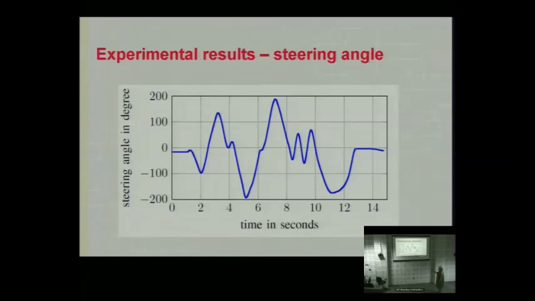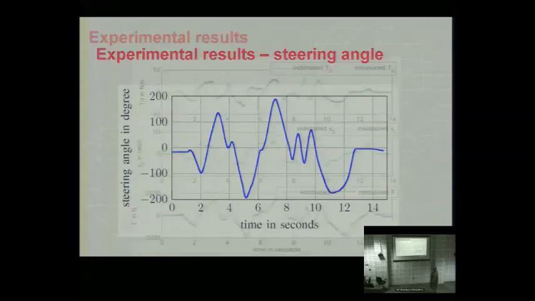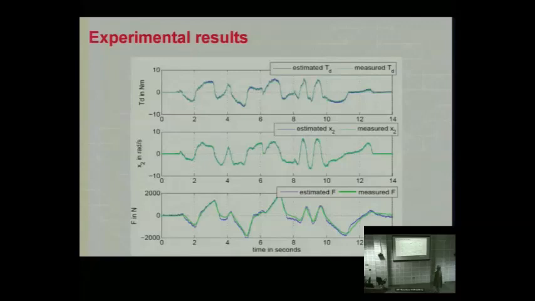To do the experiments, we couldn't be quite as aggressive because the thing has got to physically move, but we're still going through quite large transients over relatively short periods of time. And you can see the estimated TD that the observer gave us compared to the TD we could measure on the rig, the estimated F compared to the measured F, because it's a rig, we can measure it.